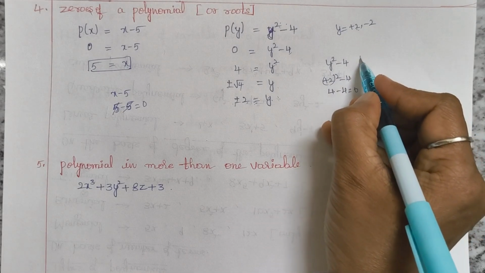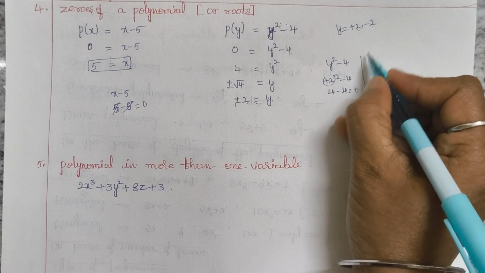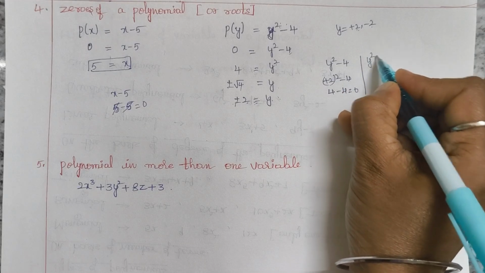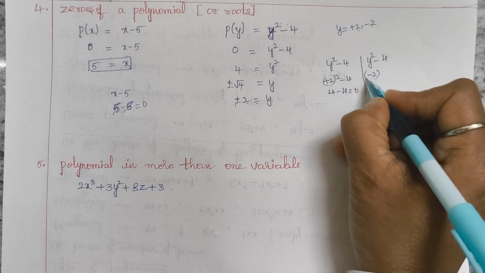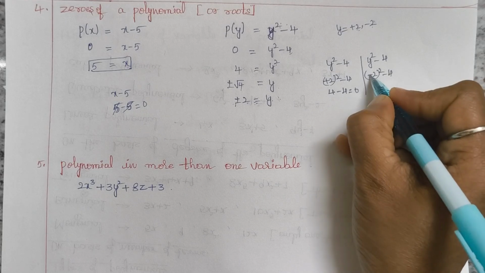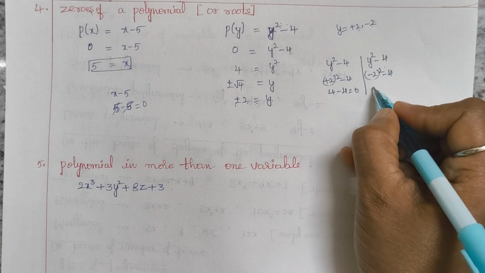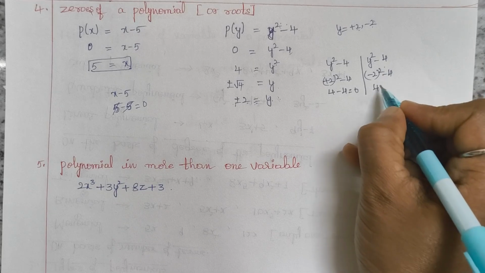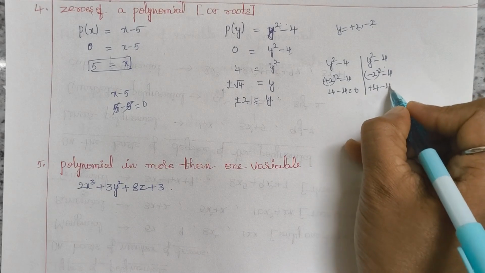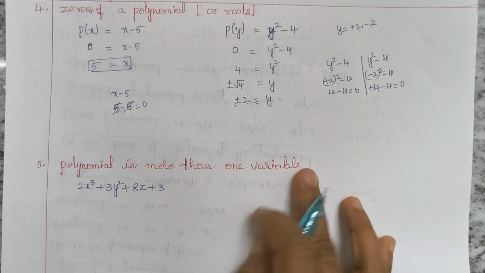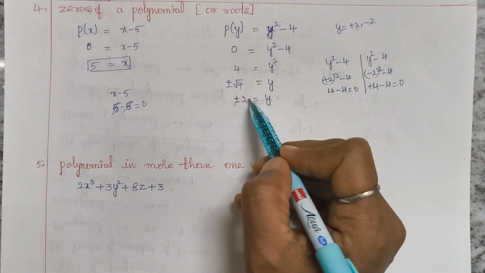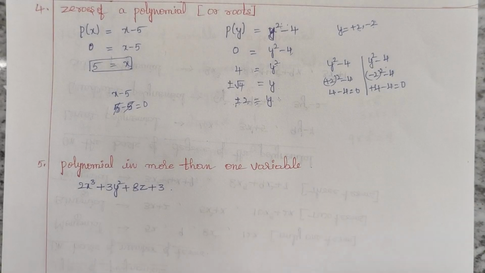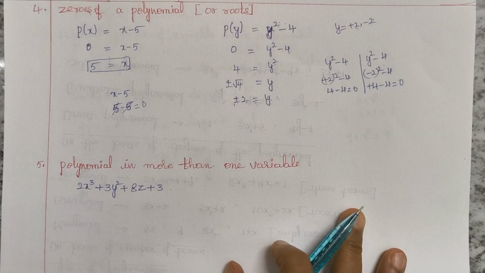Next we will apply y equals minus 2: minus 2 whole square minus 4. Minus into minus becomes plus, 2 squared is plus 4, minus 4, overall answer you will get 0. So what is the zero of the polynomial? Plus or minus 2 is the zero of the polynomial.